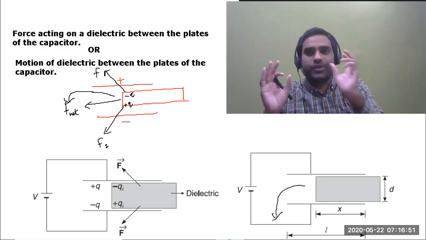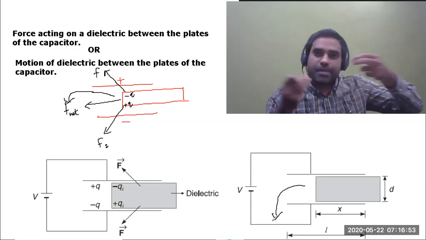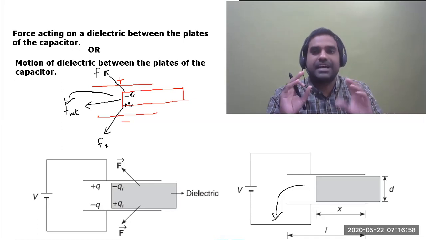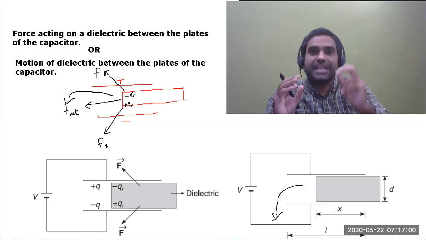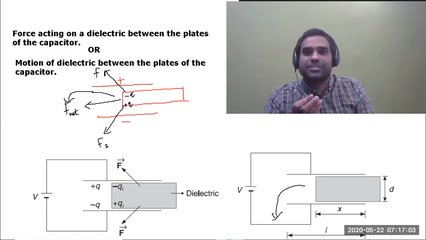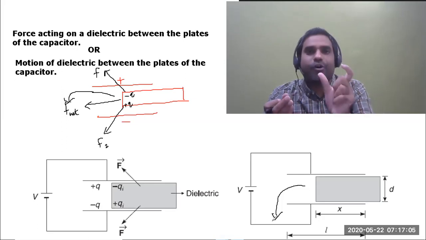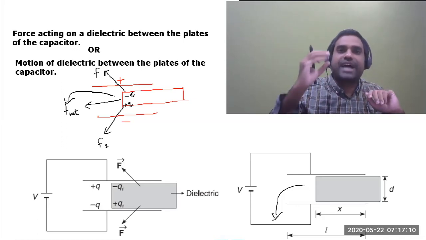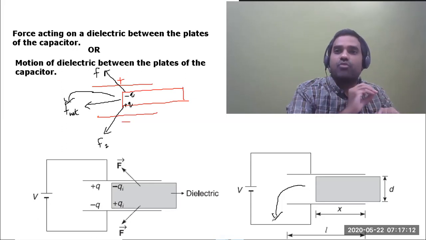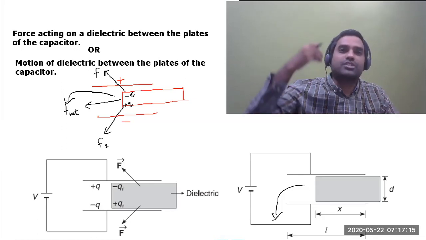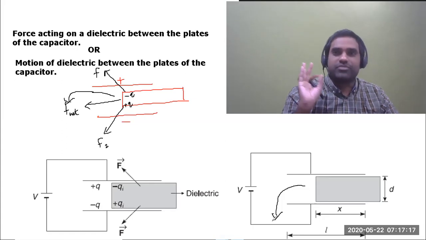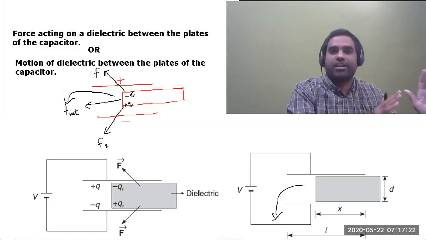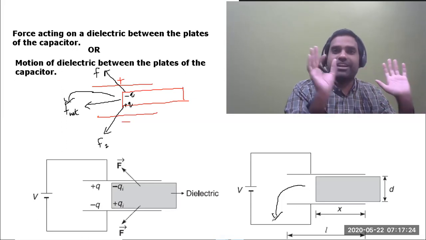Because, students, when the dielectric completely occupies the space between the plates of the capacitor, that is treated as the equilibrium position. No force acts on it. The net force acting on it becomes zero. Therefore, the dielectric will never come out of it and it will never fall. Understood?